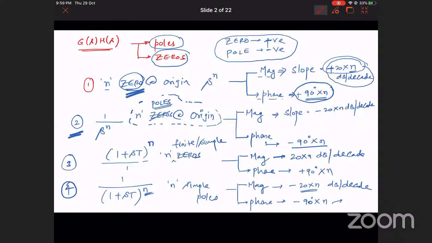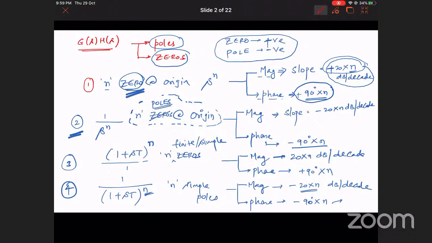Then we have seen poles and zeros contribution, guys. Please remember, whether it is a pole at origin or a simple pole, the contribution in the slope is always 20 multiplied by n, where n indicates the repetitions. For example, if there is only one pole, it gives you 20 decibel per decade as the contribution.